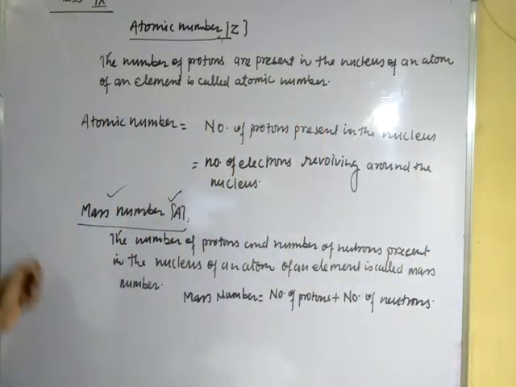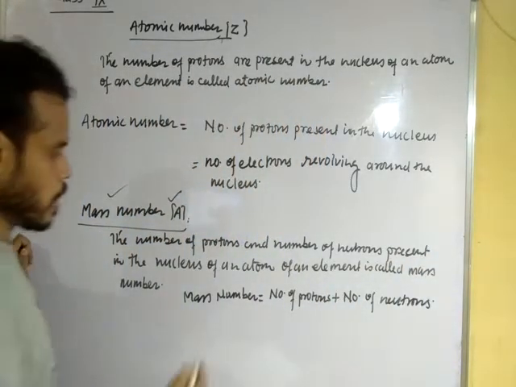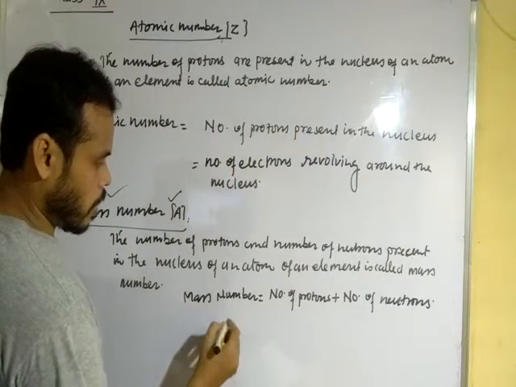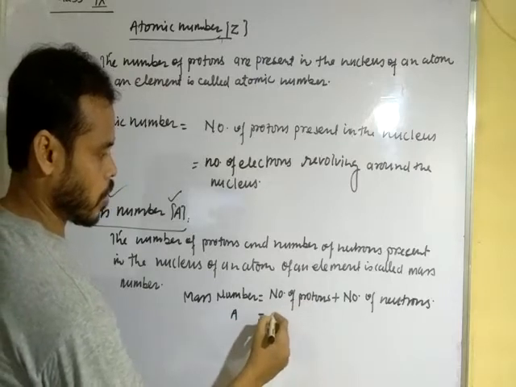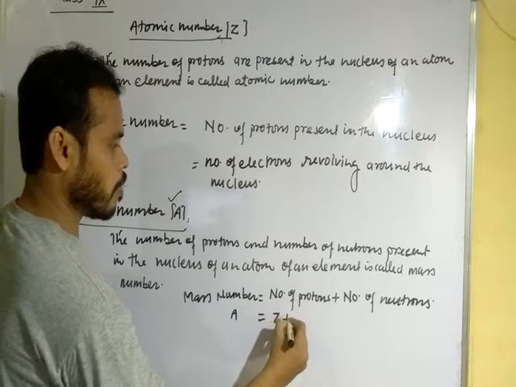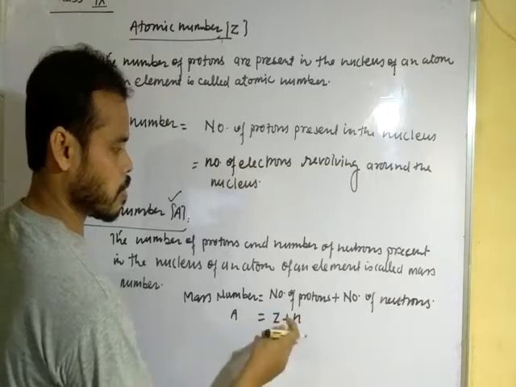Clear? So you can write mass number, represented by A, is equal to number of protons, also represented by Z, plus number of neutrons, which we write as small n.